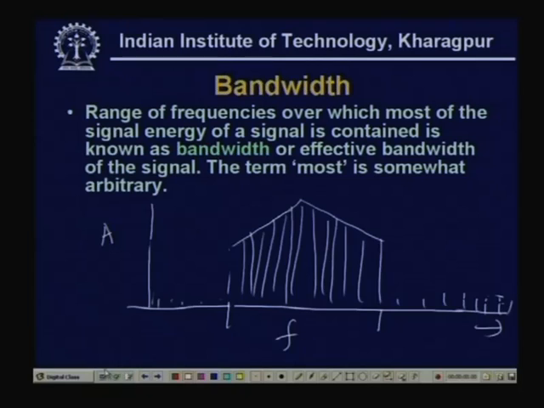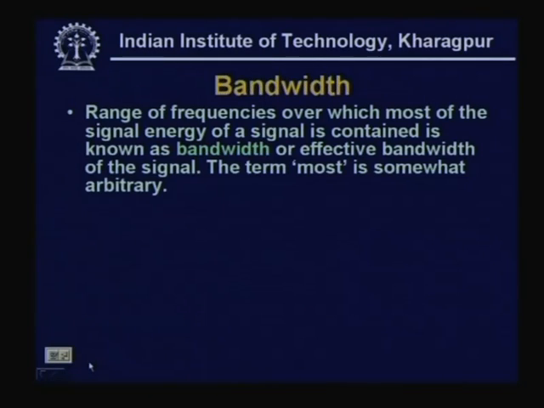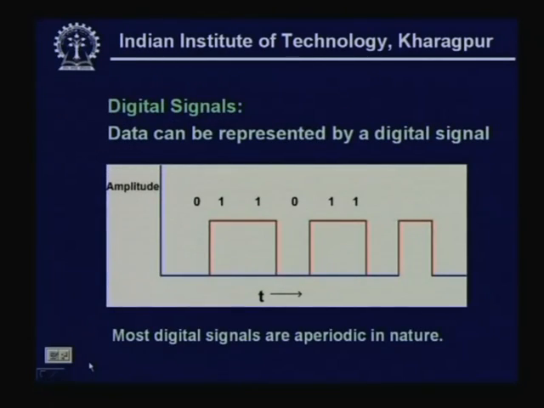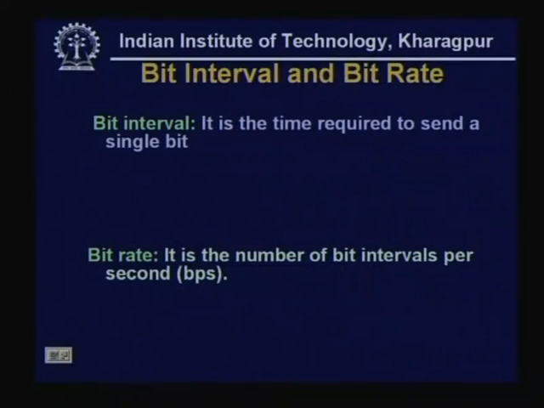Now, in case of a digital signal, as we have seen, it can be aperiodic in nature. It may not be periodic like the simple analog signal such as a sine wave. In such a case it can have an infinite number of frequencies.